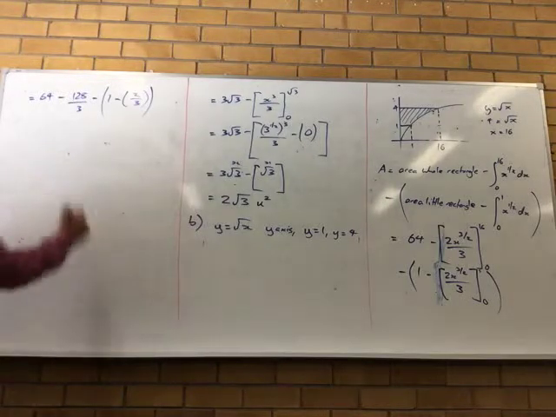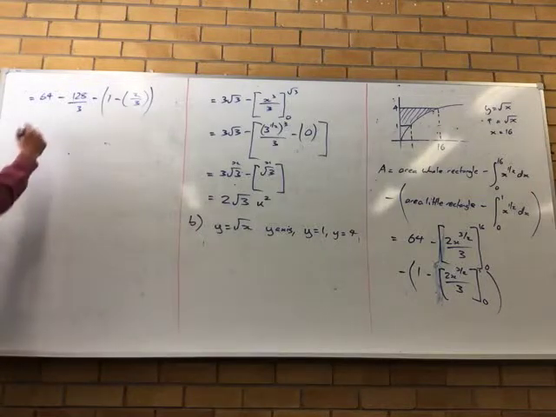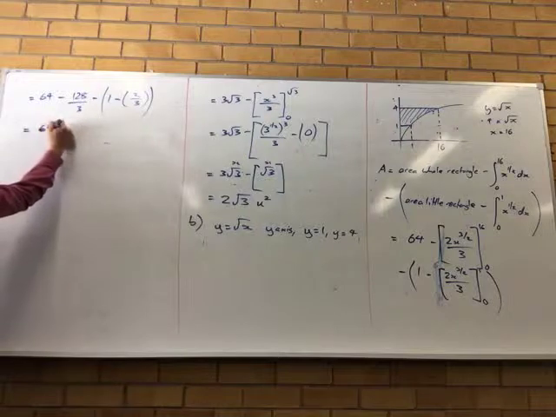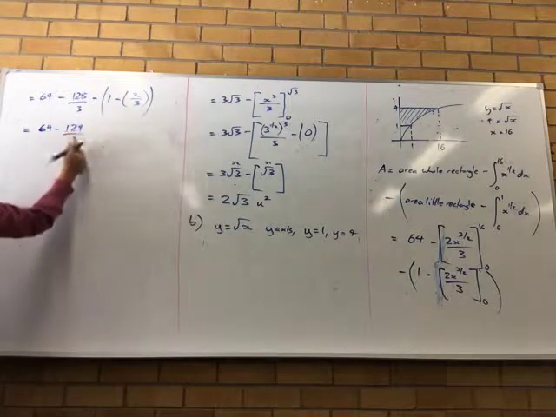Alright, what's that total? 21. Not quite. So 1 take away 2/3 is 1/3, so 64 take away 129 over 3.